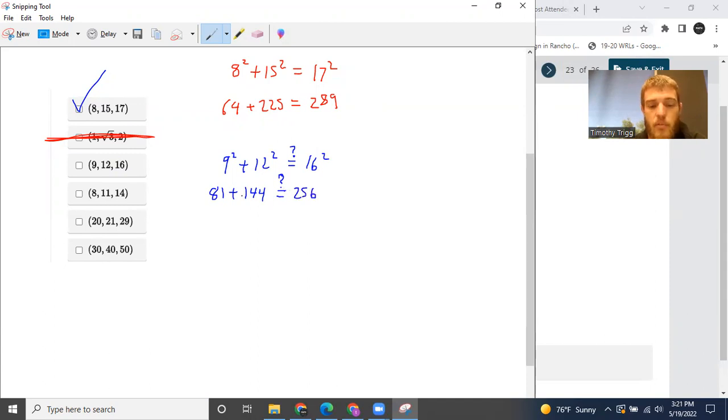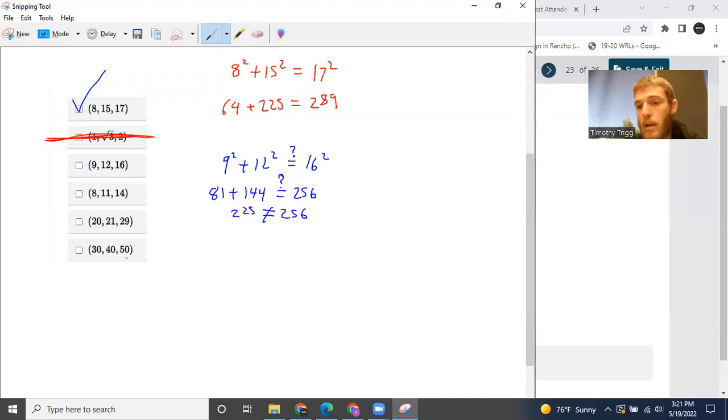Let's see, do these add up to 256? 81 plus 144 adds up to 225. So this does not equal 256, and we would not check the 9, 12, 16 because it's not equal.